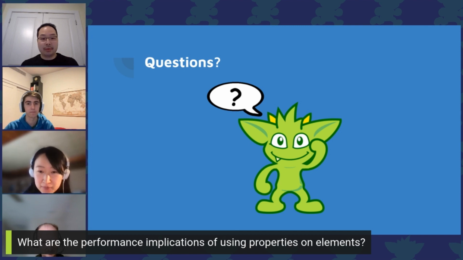What are the performance implications of using properties on elements? Okay, that's a question for Valentyn. Properties on elements require a careful approach because for some graphs with fat properties, it can lead to performance degradation. Properties on elements can be disabled for some requests or on the server side.